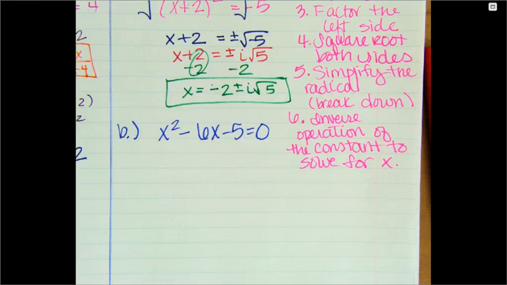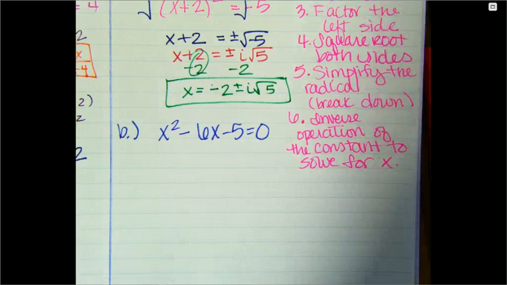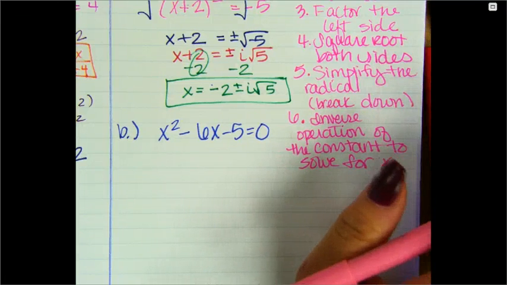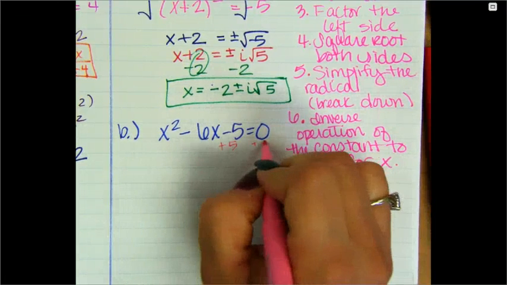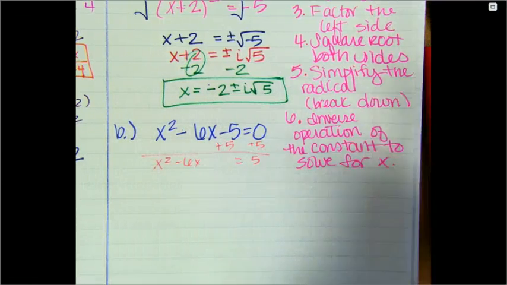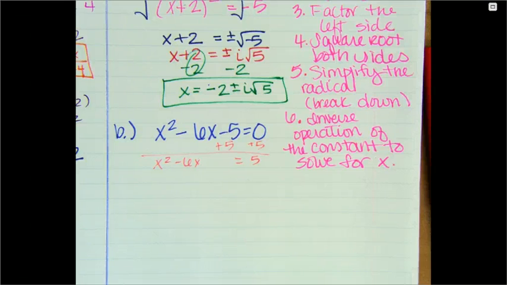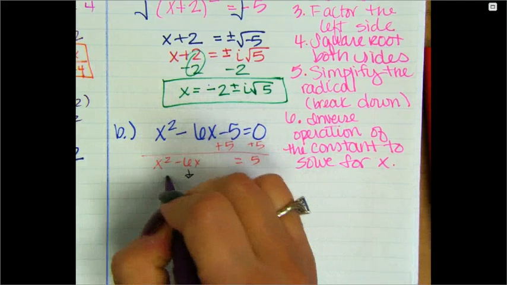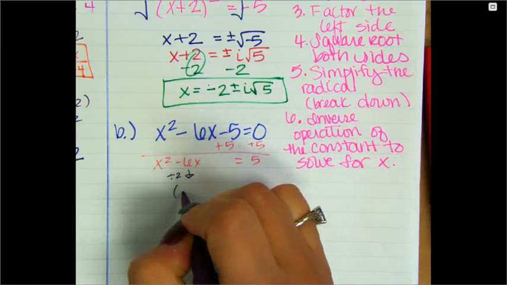Ready? All right, first step is to do what? Move C. How are we moving C? You're going to add 5 to both sides. So x squared minus 6x, leave a space, equals positive 5. Okay, next step. B over 2. So divide this by 2, which is negative 3.